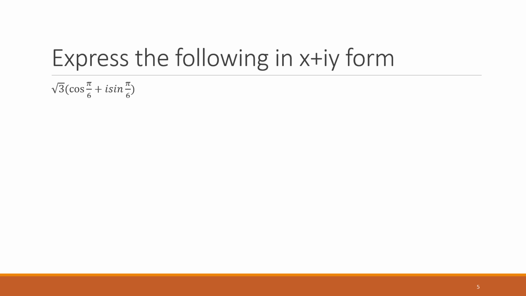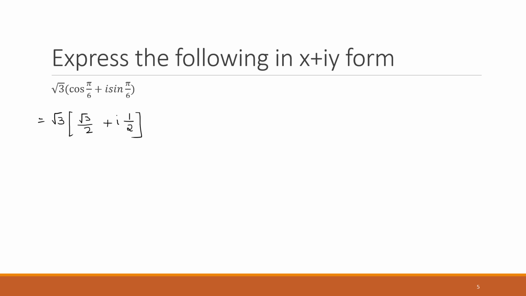Now उल्टा, express the following in x plus iy form. मतलब पोलर फॉर्म दिया है, एक्सपोनेंशियल फॉर्म दिया है, you have to convert into कार्टेशियन फॉर्म. It's very easy. सिर्फ सिंप्लीफाई करो गिवन एक्सप्रेशन को. Keep root 3 as it is. cos 30 कितना होता है? root 3 by 2. sin 30 कितना होता है? हाफ.